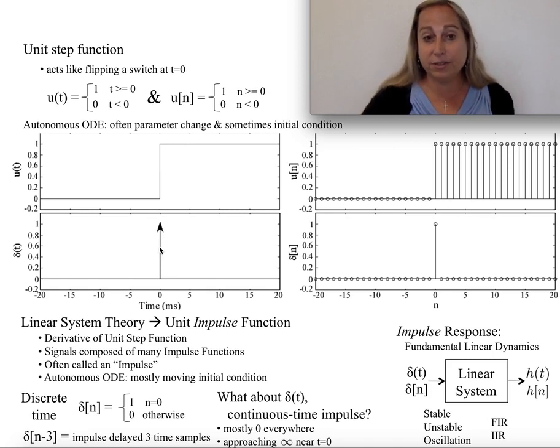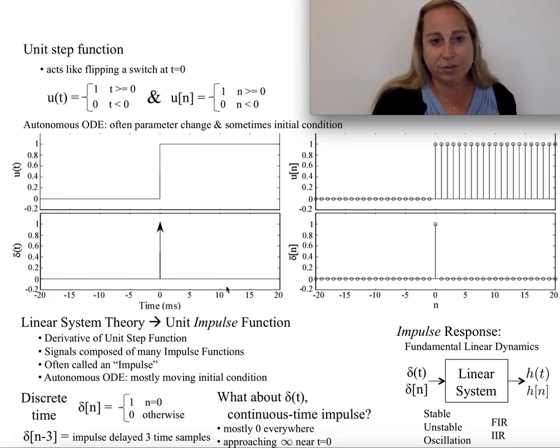And not only is it a jump, it's infinitely big. So mathematically, this makes you work harder to make sense of it, because it's 0, 0, and then infinite. And you know that the integral of this function has to be 1, because it is in fact the integral of the original function.